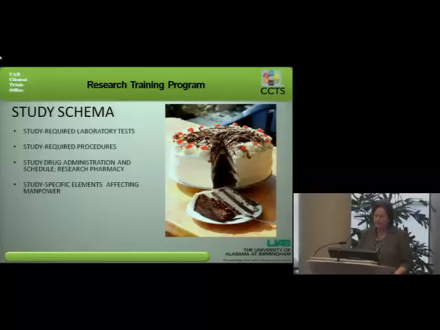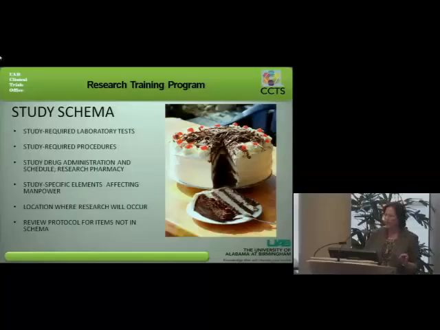What study-specific elements are going to affect your manpower effort? Where will the research occur? And then review the protocol for items that are not in the schema, because there's always going to be some items that seem to find their way into the text but never make it to the schema.